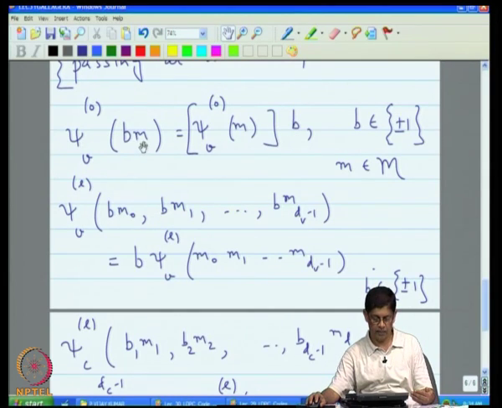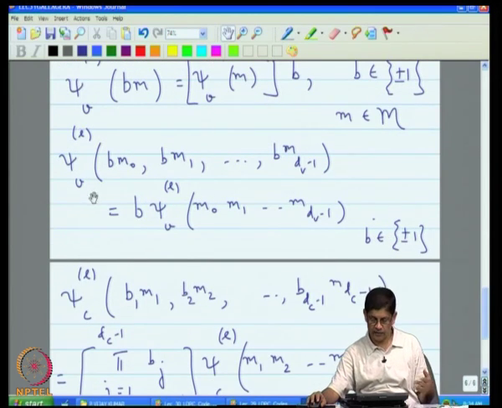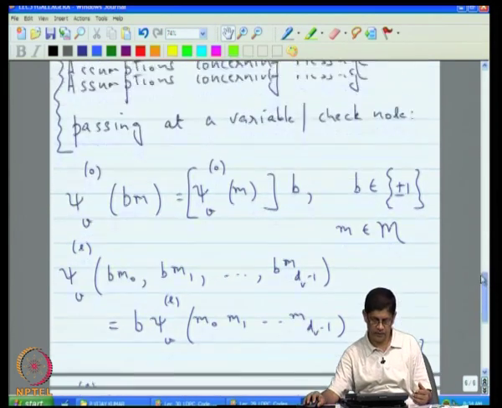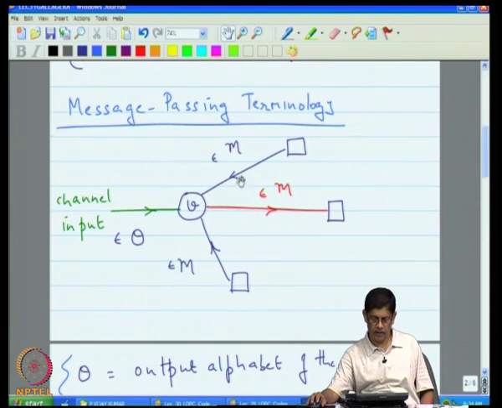So, if you multiply m by -1, then the new message is whatever the message was before when m was the input times b. In general, so this is for the initial iteration. So, the initial iteration is when there is an incoming message that is only coming from the channel. There are no other incoming messages. Subsequently, you will have messages incoming from all of these nodes. So, what it is saying is that if each of these is say multiplied by -1, then the output message will also be multiplied by -1.